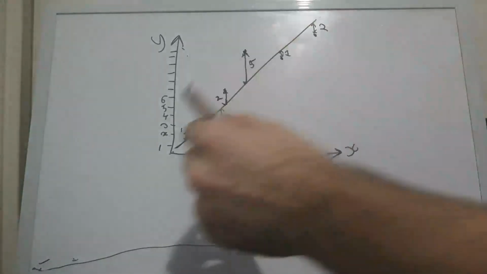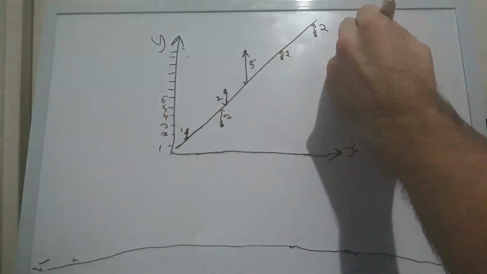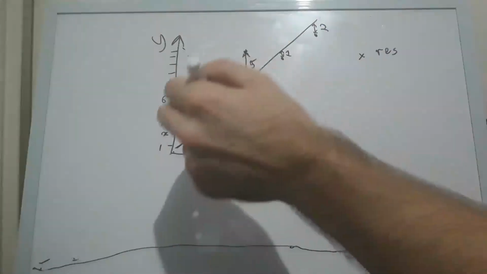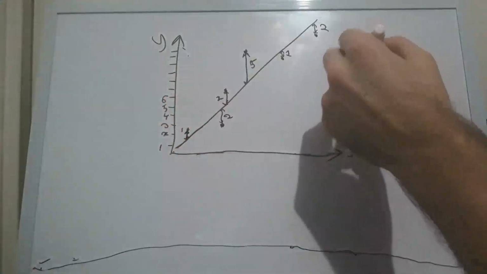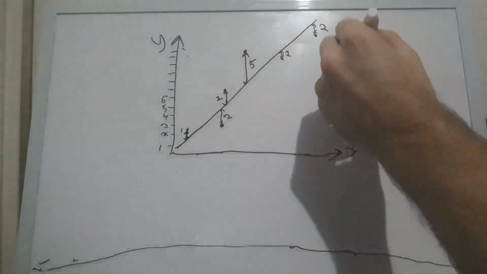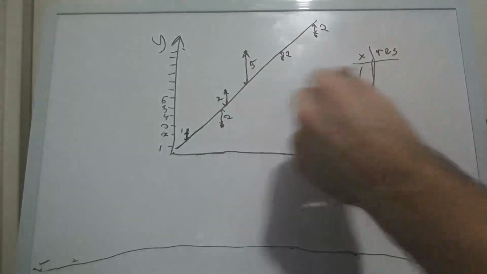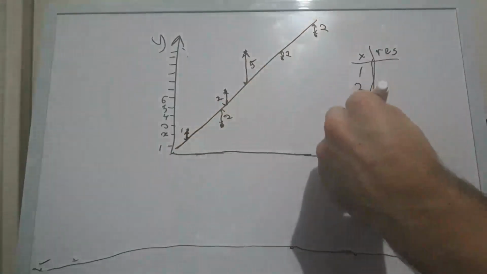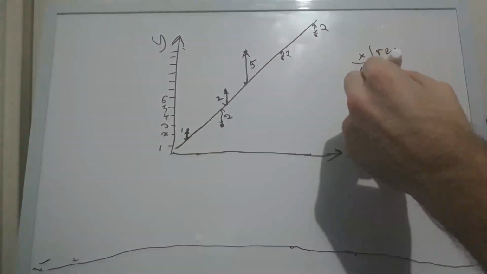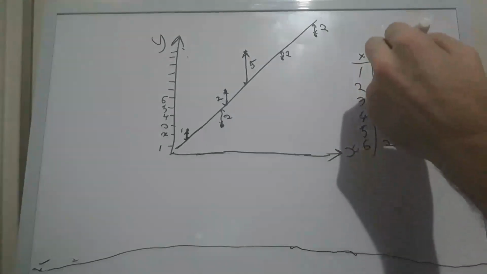Again, not to scale, but if you were then to have a table of residuals and your x values, I know I didn't draw my x values at 1, 2, and 3, but let's just say they're 1, 2, 3, 4, 5, 6. And your residuals here are 1, 2, 2, 5, 1, and 2.